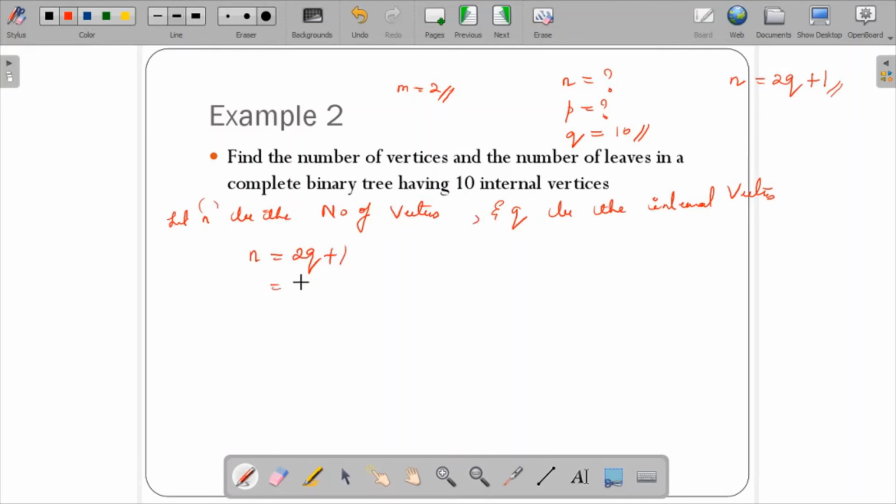You know the value of q, so it is 2 into 10 plus 1, so we got n is equal to 21. So we got the value of n.